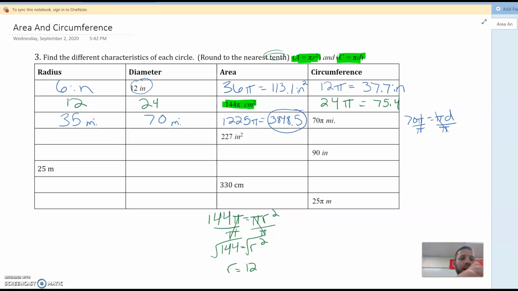All right, for the next one, this is the one where now I don't have pi involved. So now I'm going to have to do a little more work. So if I come down here, I'm going to use gray, use pi r squared, 227 equals pi r squared. From here I can still solve for the radius, but now the pi's don't cancel out.